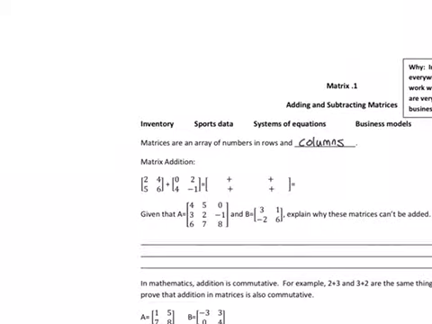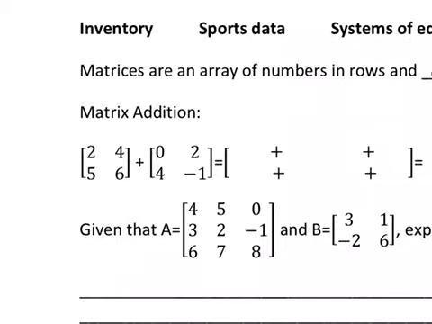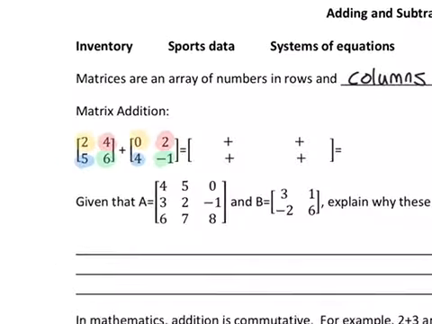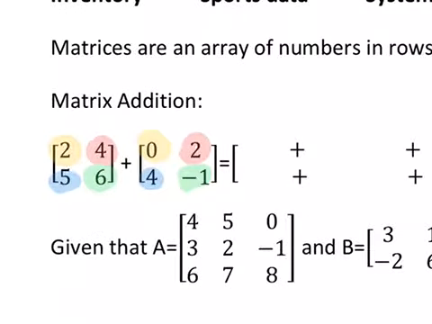Matrix addition. This is exactly what you thought it would be. You take the corresponding values and you add them up. Right, matrix addition, super easy. You add up the corresponding values. So you've got your orange with the orange.